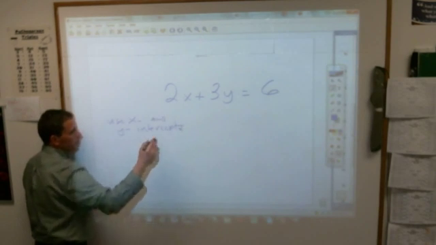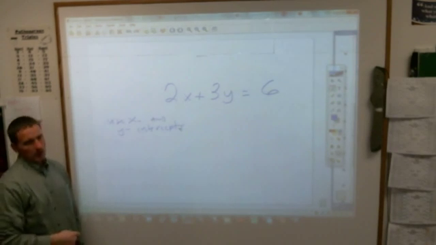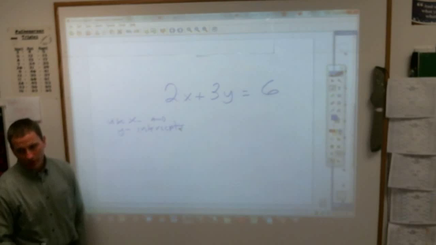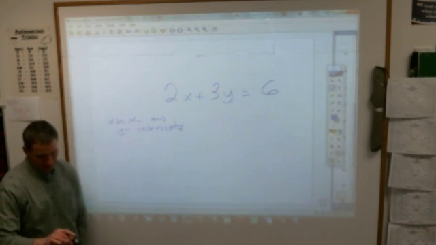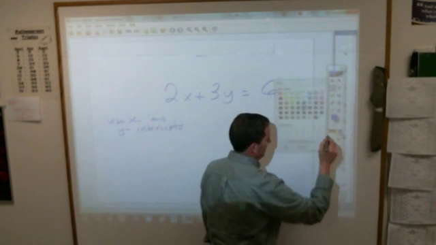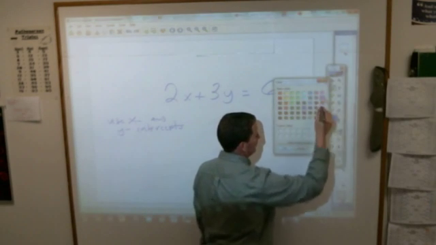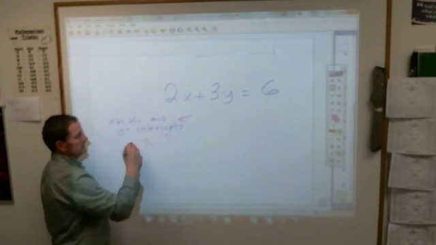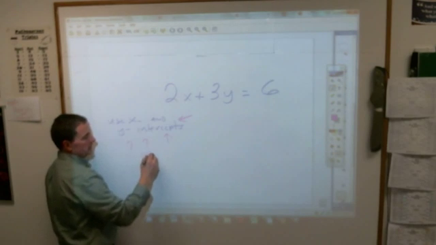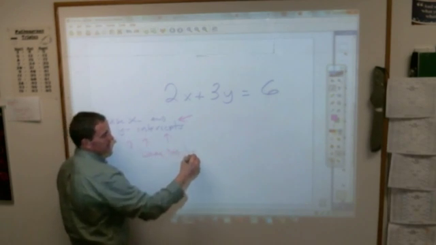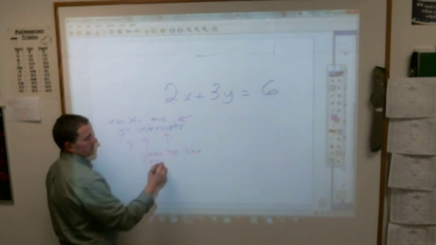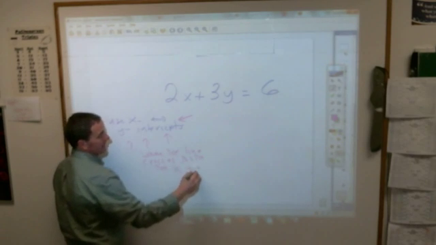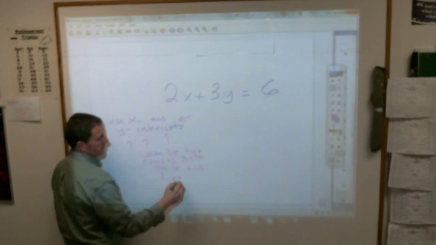Now, I will go slowly through this with the hopes that eventually you can do it quickly. But if I do it quickly right off the bat, you'll go, huh, and nobody will get it. It can be done much faster than I'm going to do, but I'm going to do it in slow motion. What you are looking for is where the line, when you graph it, crosses both the x and y axis.